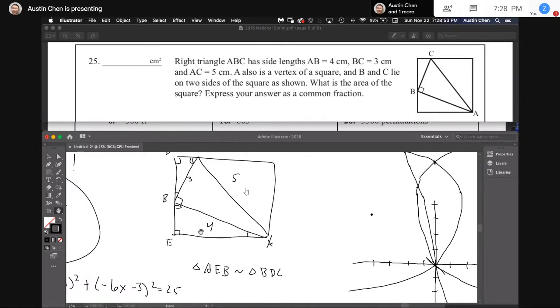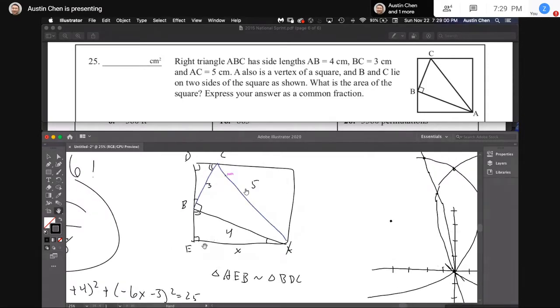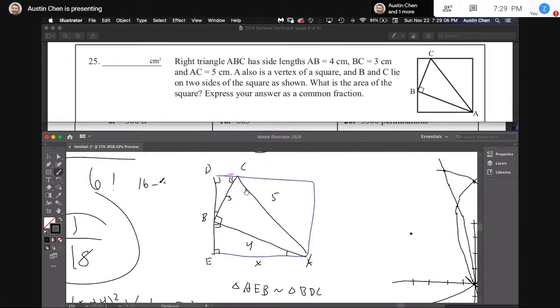Okay, so then we can label any side as x. Have the side as x, and then we can figure out what this side will be by the Pythagorean theorem here, right? So it's going to be root of 16 minus x squared.